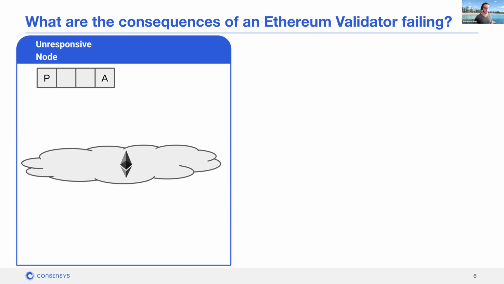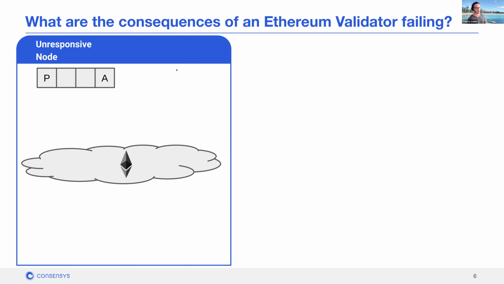They symbolize the slots in the Ethereum protocol, and P is a slot where a node is supposed to propose a block. A is where it's supposed to create attestations. In the Ethereum protocol, time is divided into slots. For some slots, one validator is chosen to be the proposer, and a set of validators is chosen to vote for the current head of the chain.